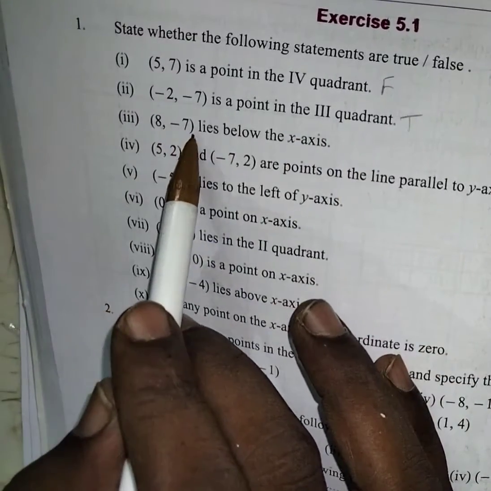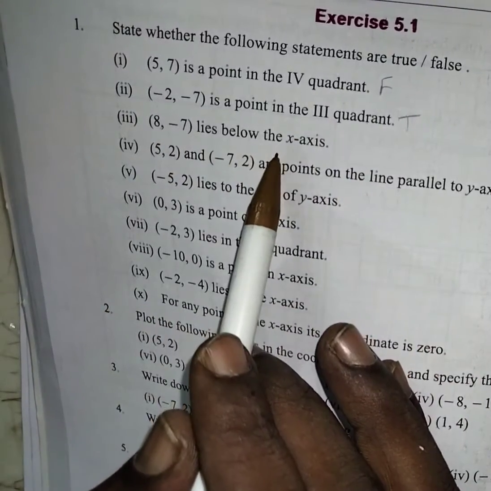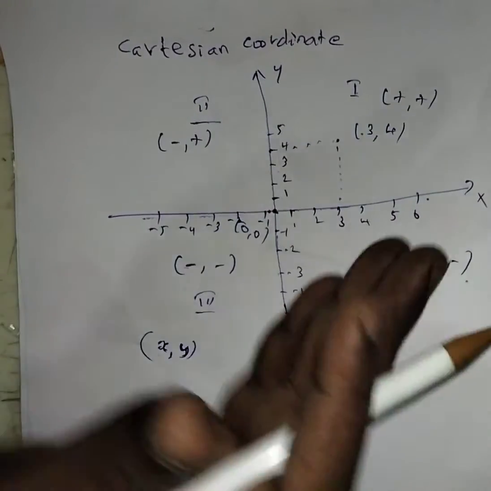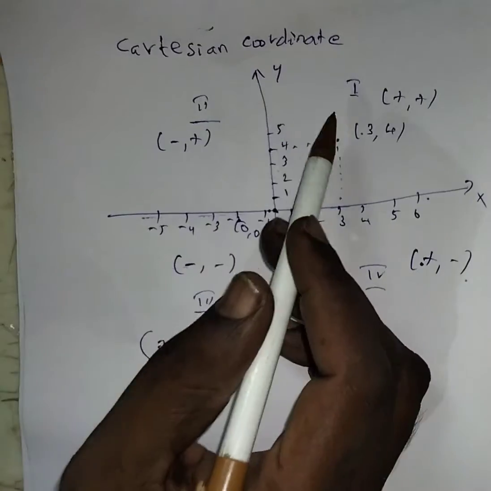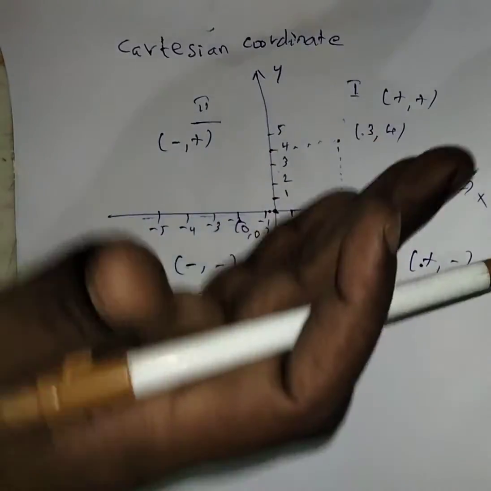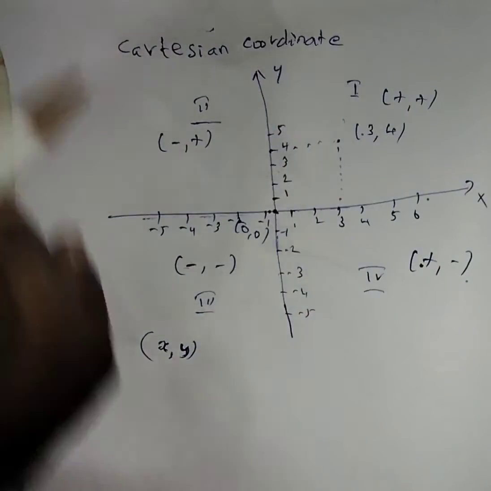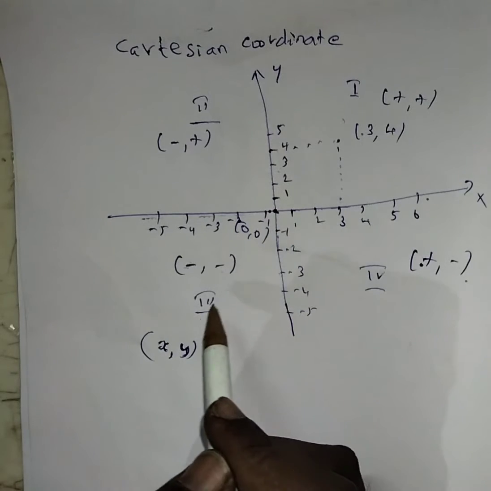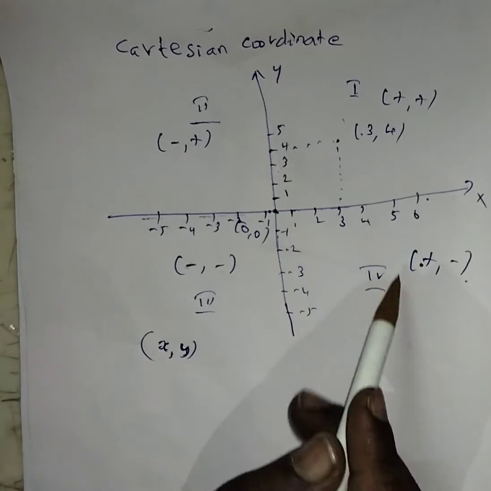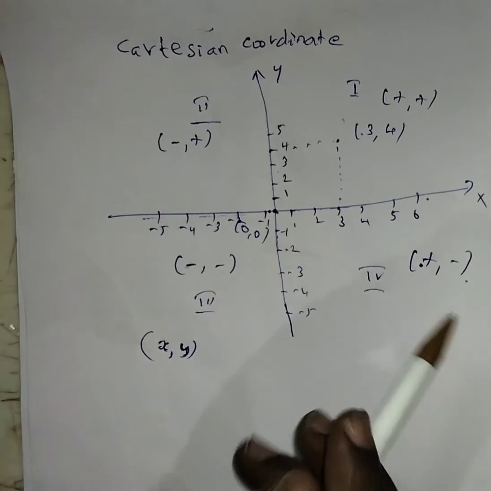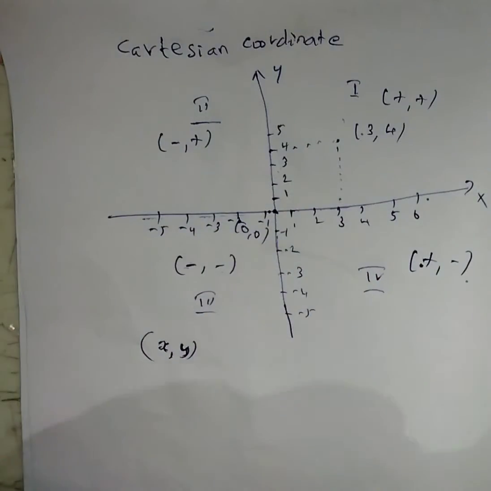Now, (8, -7) lies below the x-axis. That's another important thing. If you take the x-axis, you mark the point maybe in the first quadrant, maybe in the second quadrant. That is above the x-axis. Below the x-axis, the point lies in the third quadrant or fourth quadrant. You can use the words: the point lies below the x-axis.